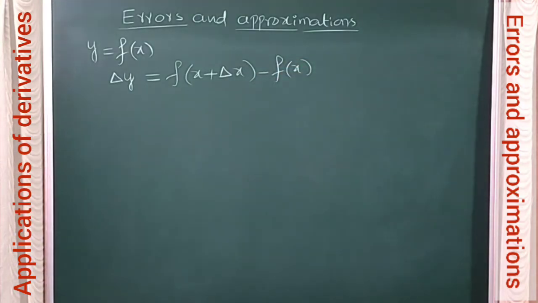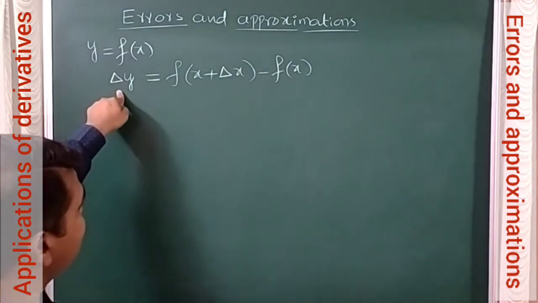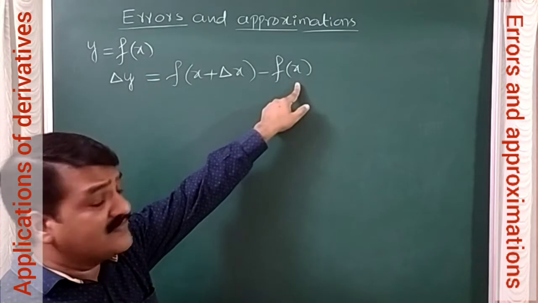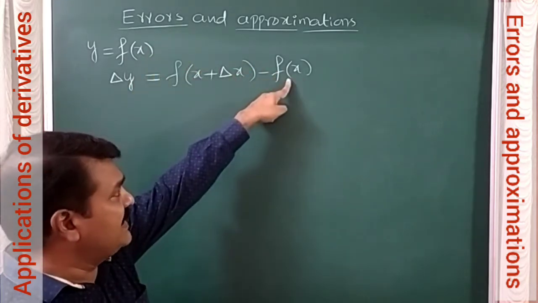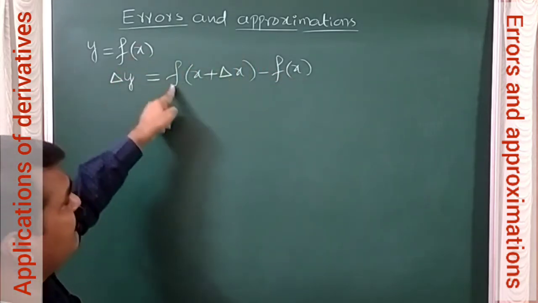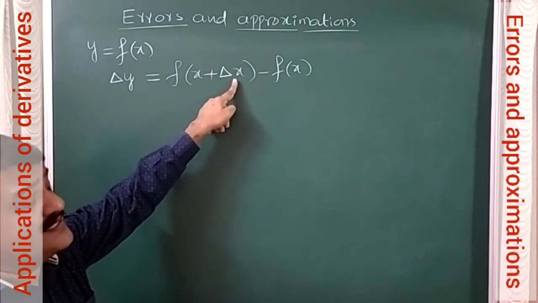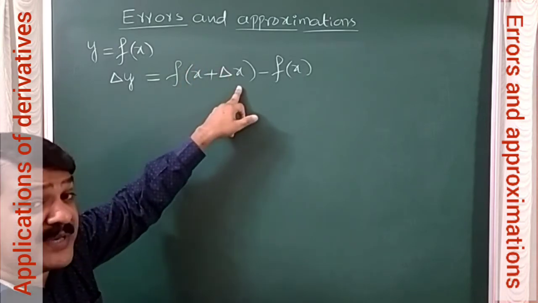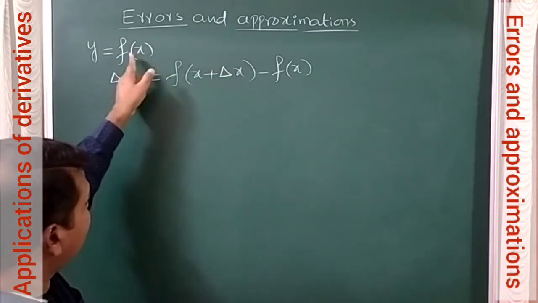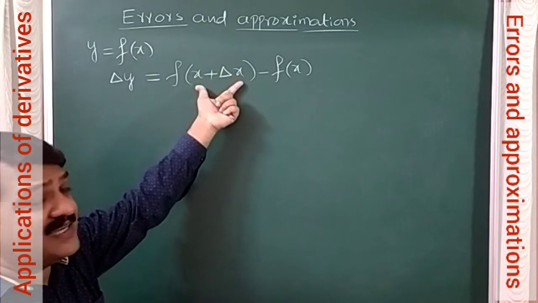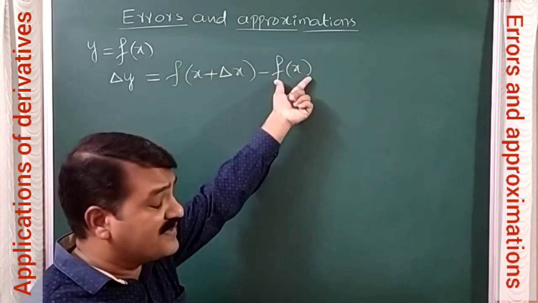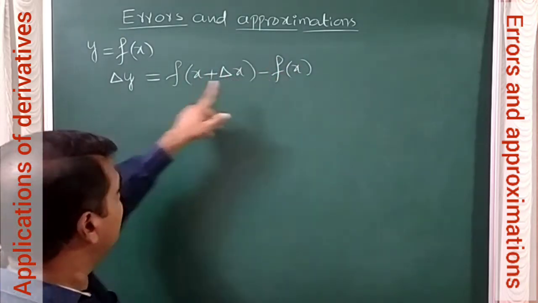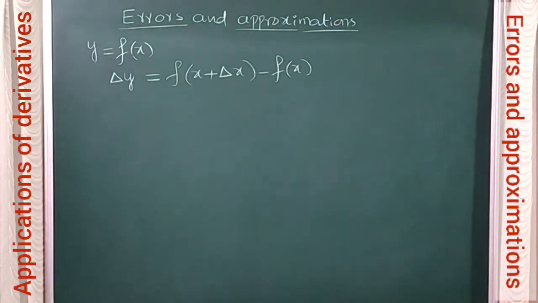So delta y means error in y, the difference between the actual f of x value and f of x plus delta x. Here x plus delta x means the original value of x plus the error in measuring x. The difference of these two function values is nothing but delta y, the error in measuring y.